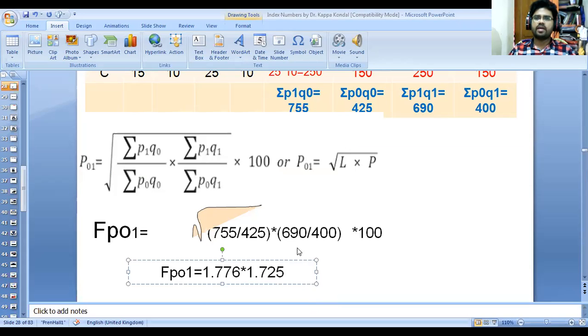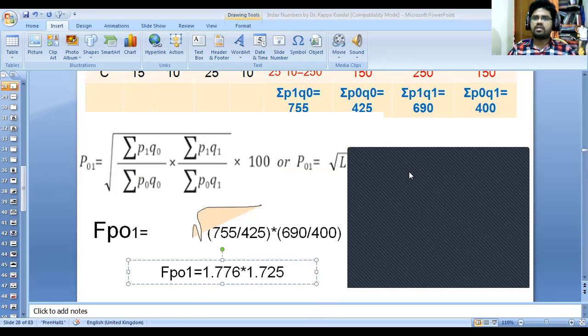1.725. Okay, so see, when you multiply these two, how much are you going to get? 1.776 into 1.725.